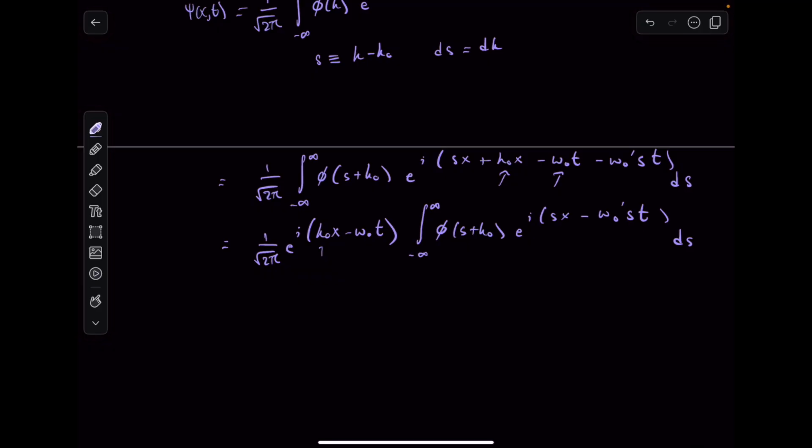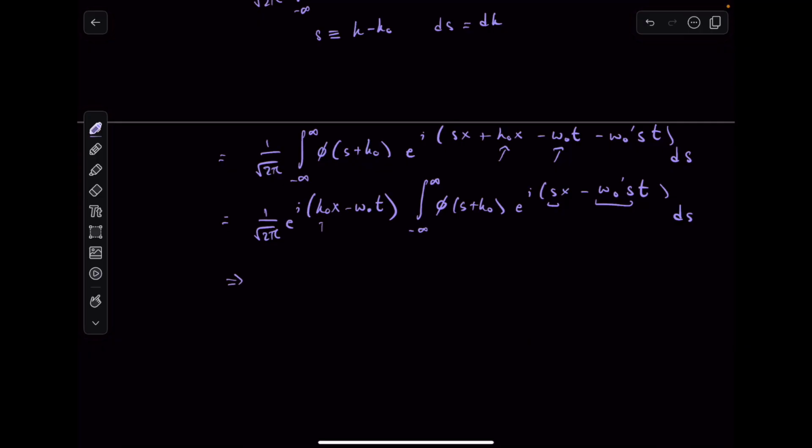And what happens if we take the coefficient here and put it over the coefficient here? Well, that's going to give us v group, equal to omega naught prime, and we don't need to call it omega naught anymore. You can just say omega prime, which is the derivative of omega, which is k squared h bar over 2m.